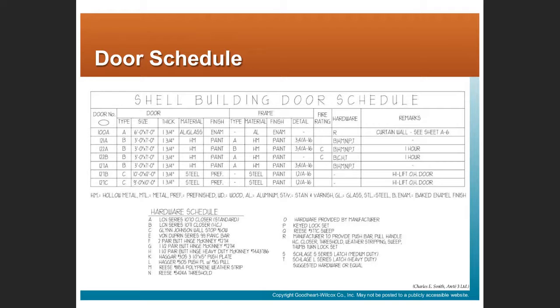If it's an exterior door, it would have what's called panic hardware, right? The horizontal bar that you push to open the door when you're exiting, right? This sort of thing would be contained in the hardware schedule.